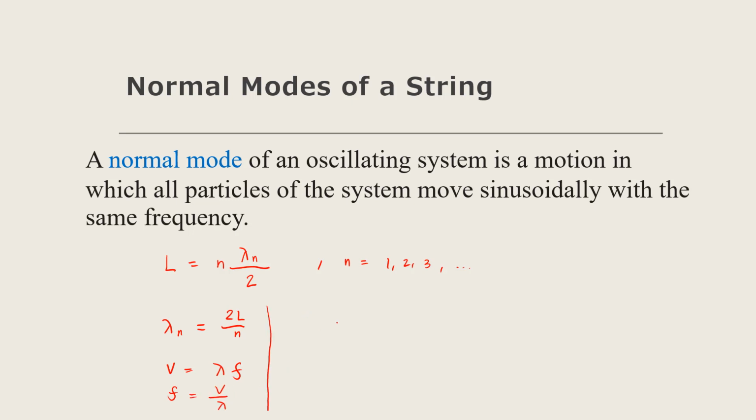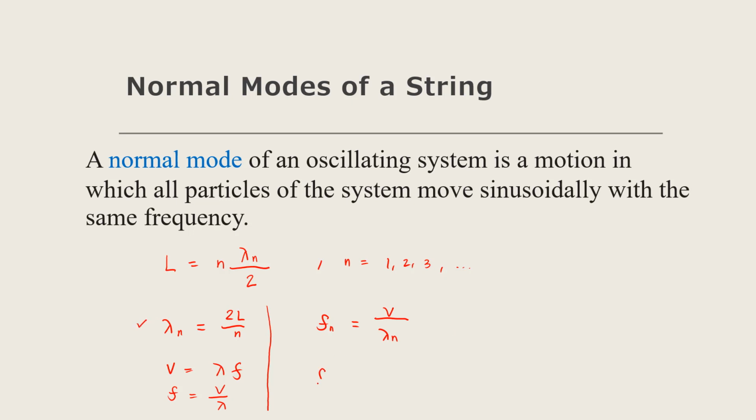So f sub n is equal to v over lambda sub n, where lambda is equal to this equation.